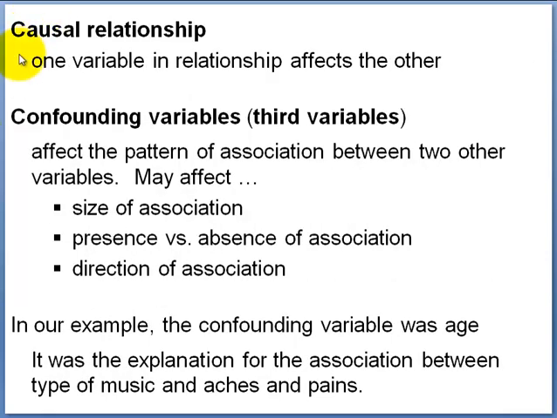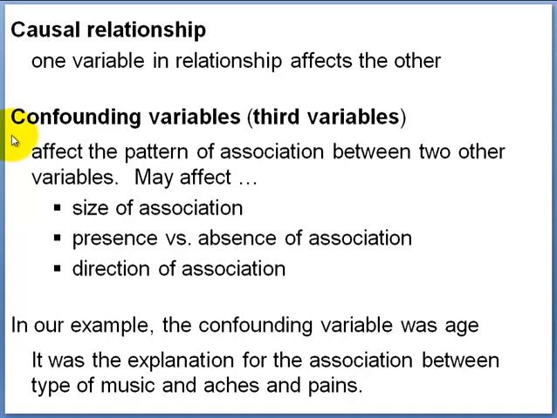Here's a definition of a causal relationship: one variable in the relationship actually affects the other. It's possible that each variable could affect the other, but if at least one affects the other, we've got a causal relationship.